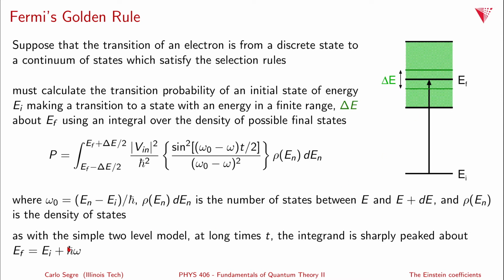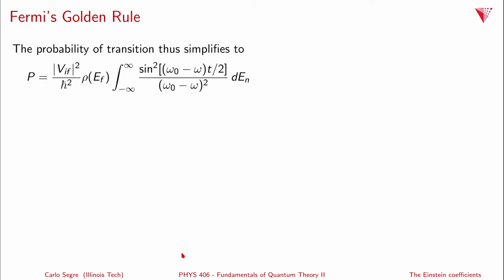But similarly to the simple two-level model, at long times t, the integrand has to be sharply peaked around the energy difference such that E sub F minus E sub I is equal to the energy of the photon. So the energy of the photon sort of sets what the final energy is if you know the initial energy. You can then take this integral and simplify it.